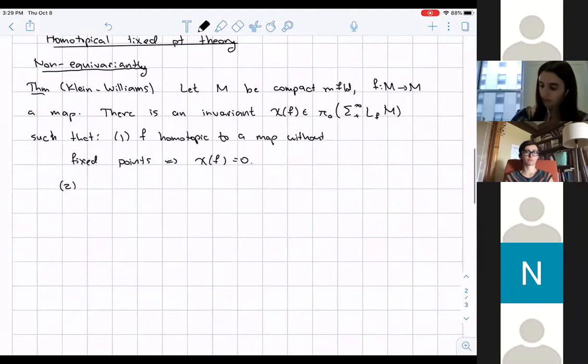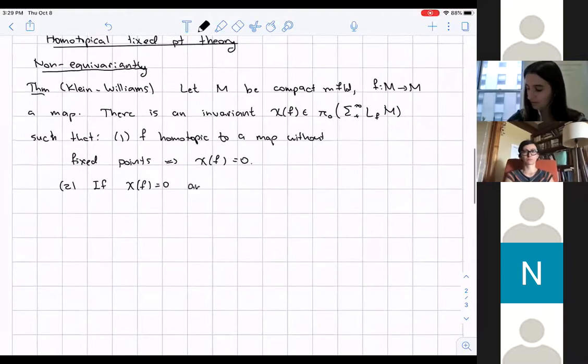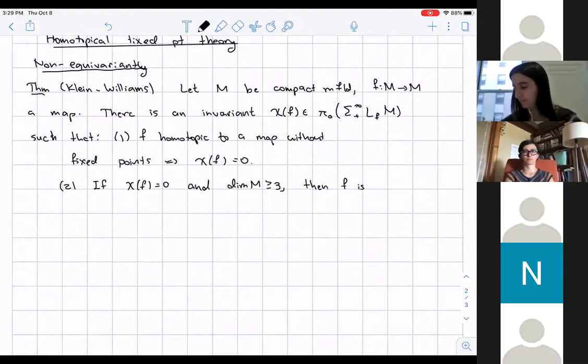The second is sort of a converse to that. It says that if chi of f is equal to 0, and the dimension of this manifold is at least 3, then f is homotopic to a map without fixed points.